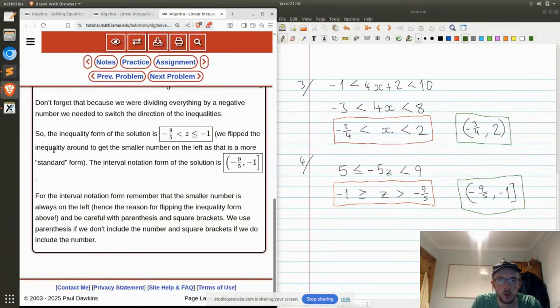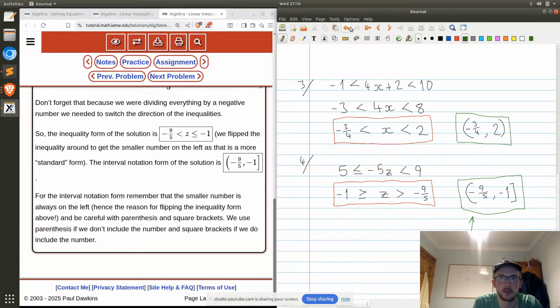And they say that it's more quote-unquote standard form. They don't say that it has to be done, but they just say it's more standard. Just like when you say y equals blah, blah, blah, instead of putting y on the right-hand side, they put it on the left. But here, I think you actually have to do it, right? Oh, yes, look at that.